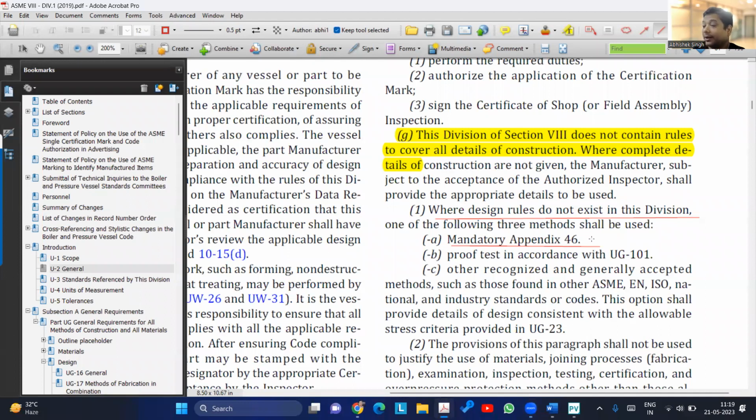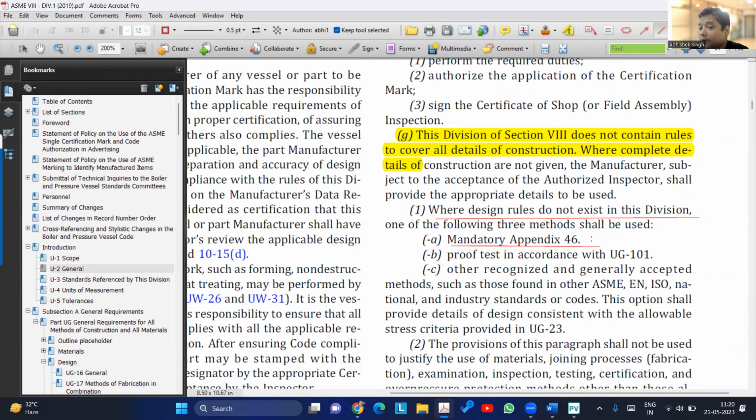Now coming back to the flange. For the flange also, your AI can take that stand, but you already have Mandatory Appendix 2, where there is a method to check this case for the nozzle overload. How can you jump to Division 2 by bypassing that rule?